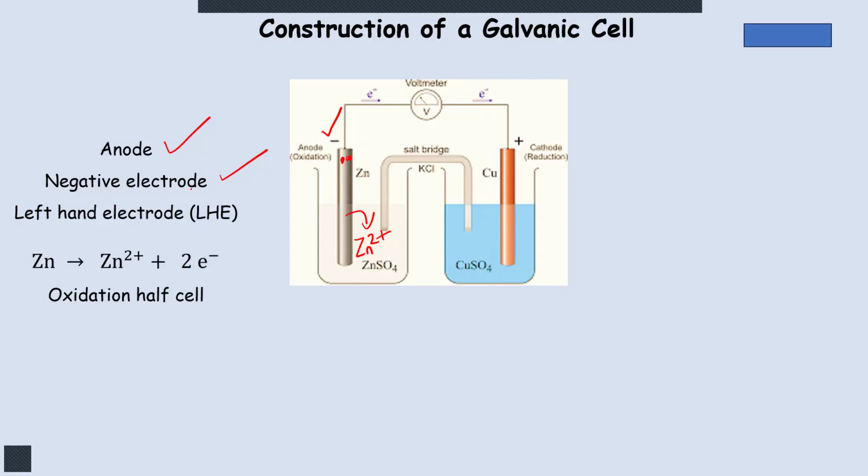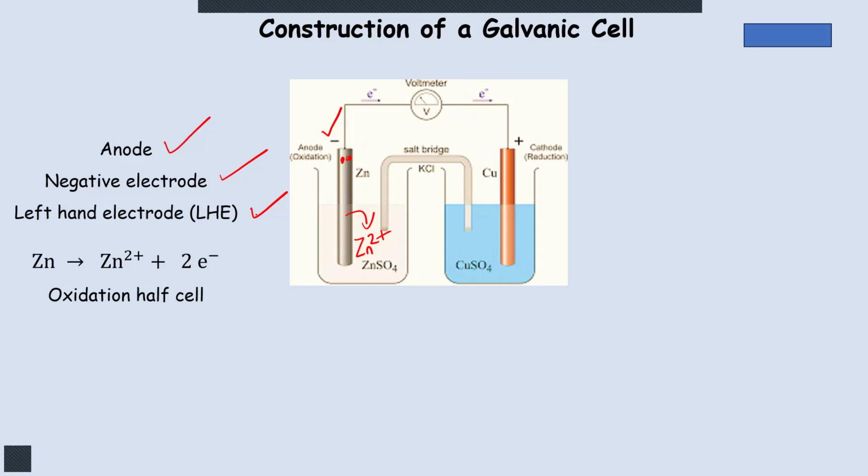We represent the oxidation half cell on the left hand side. So the zinc electrode is also a left hand electrode. In this example, the zinc electrode is an anode, a negative electrode, and a left hand electrode.